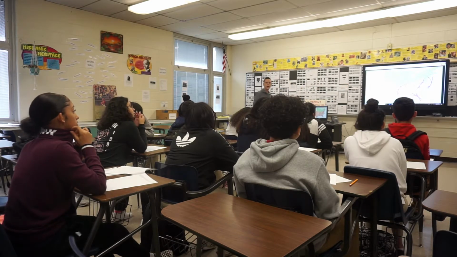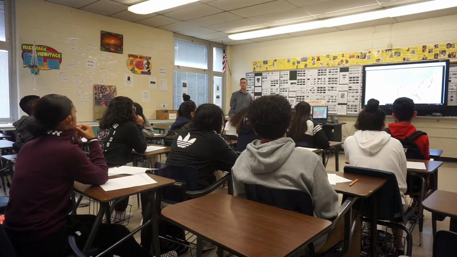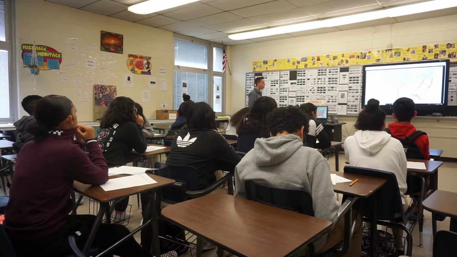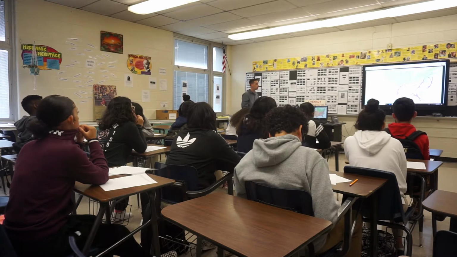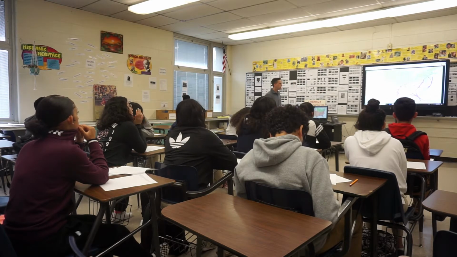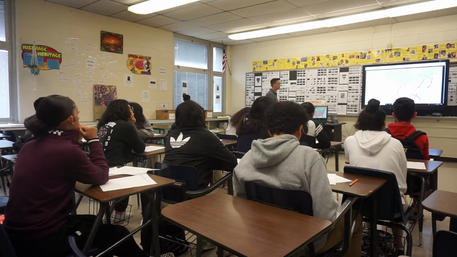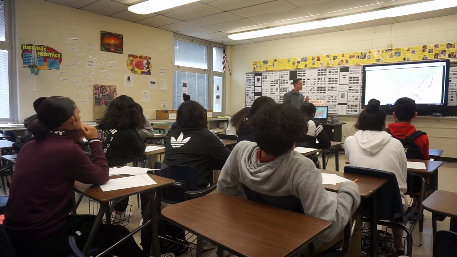Some questions I might ask are, which direction are they going, north, west, east, south? What bodies of water are getting used? Are they using the Atlantic Ocean? Are they using the Gulf of Mexico? And lastly, which might be hard, but the picture is very detailed.